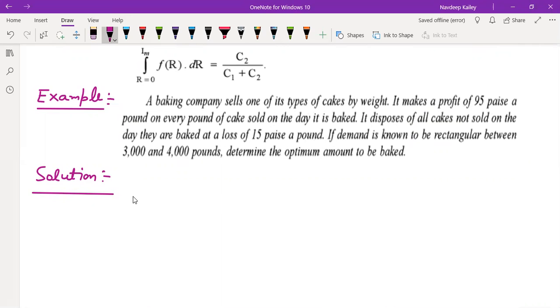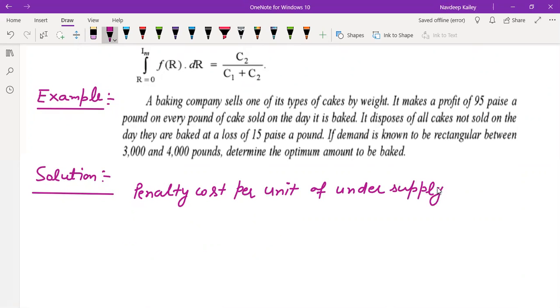That is, the penalty cost per unit of undersupply, that is C2, is given as 95 paise, that is 0.95 rupees.